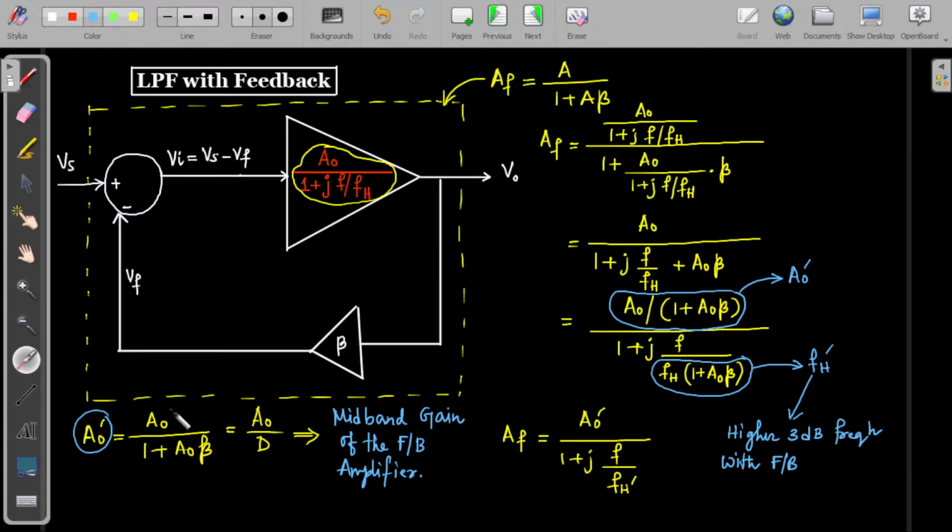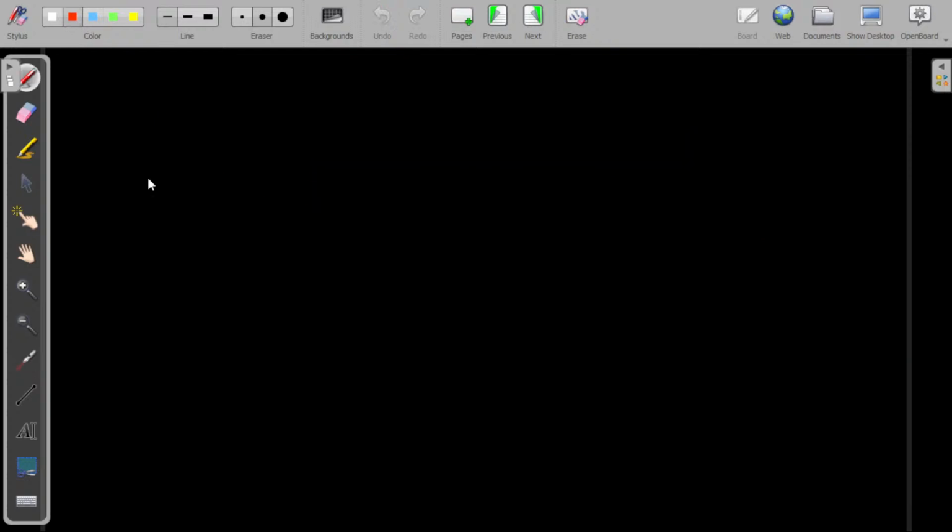That means the mid-band gain has been decreased. Similarly, before feedback the higher 3 dB frequency was only FH, and right now after feedback the higher 3 dB frequency is FH dash, which is equal to FH into 1 plus A0 beta. So the higher 3 dB frequency has been increased due to the feedback, but the mid-band gain has been decreased. So this is a very important statement that we can write.